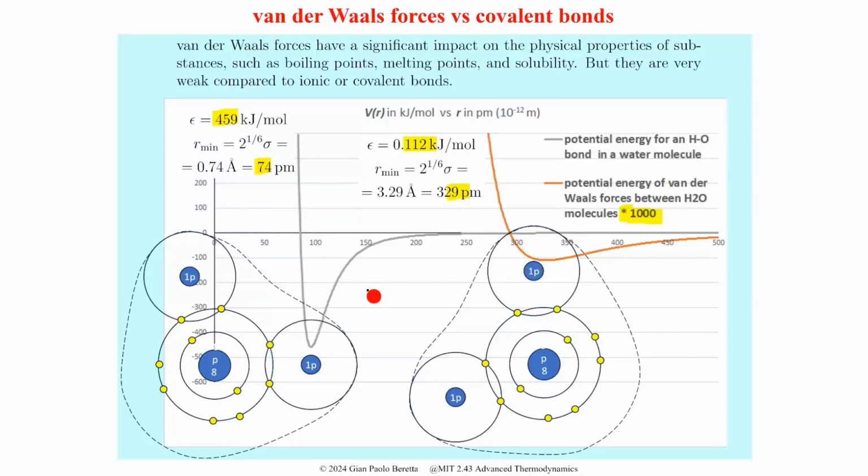Now the strength of the bonds, we will return on this graph, but the strength of the bonds is also describable using, for example, a Lennard-Jones potential.